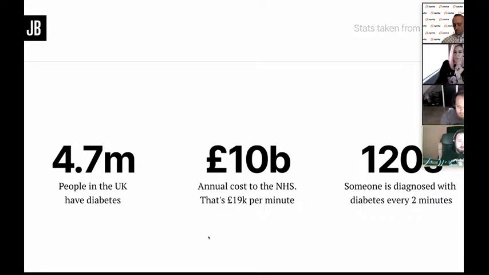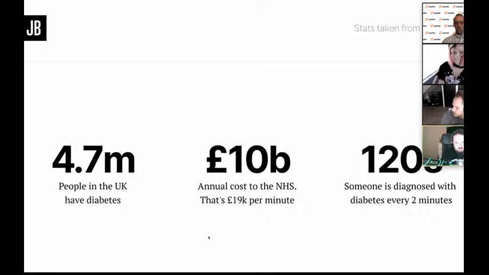In the UK, we have a system called the National Health Service, which is a state-funded health service. Diabetes itself costs the NHS £10 billion a year, the equivalent of £19,000 per minute. And someone is diagnosed with diabetes, whether type 1 or type 2, every 2 minutes.